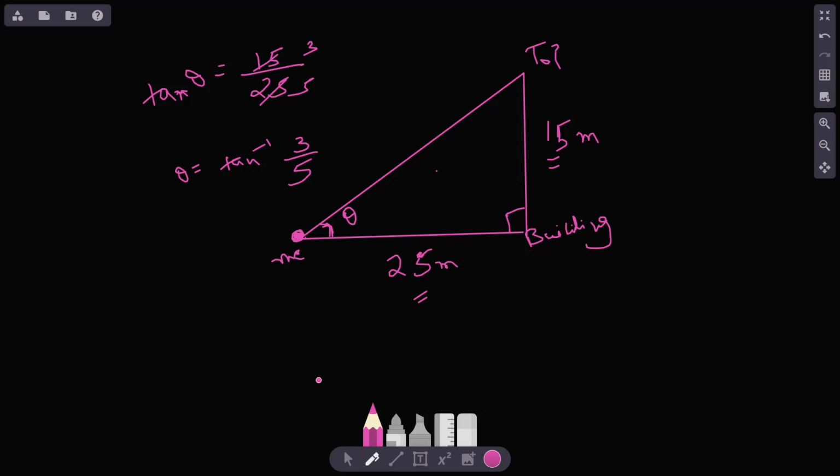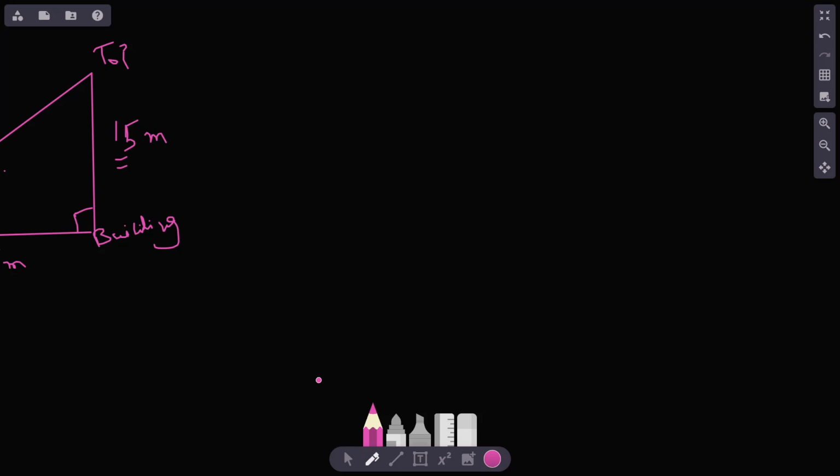So heights and distances provide us a lot of applications, very much real world applications actually. Like when a pilot flies a plane, suppose the plane is here at this point. Now the plane has to land on a runway.